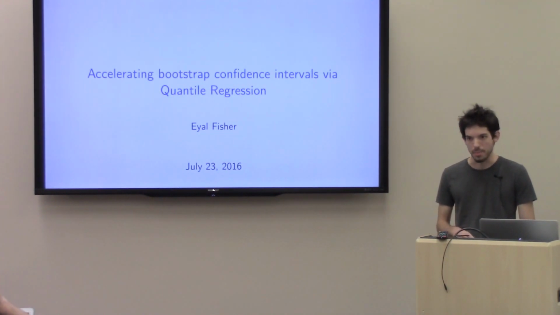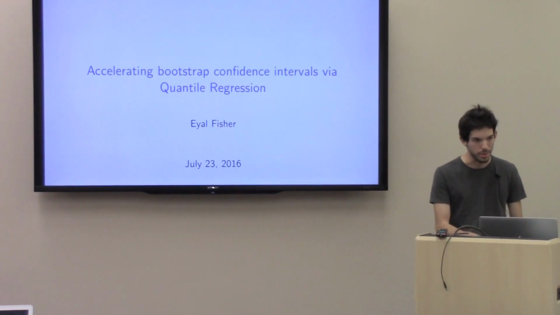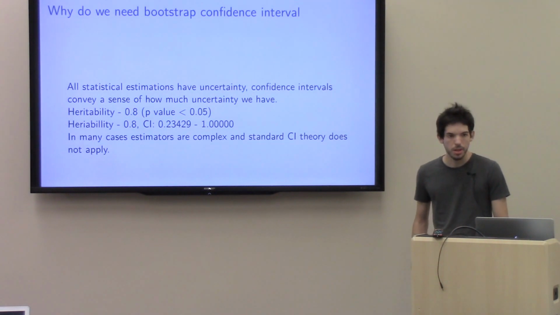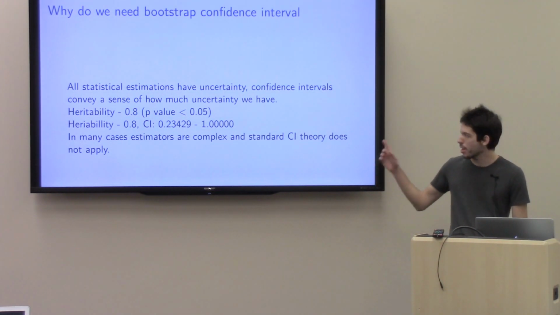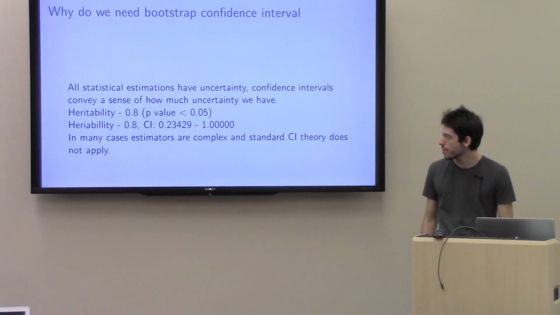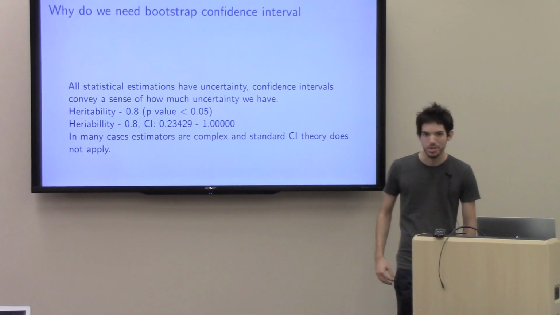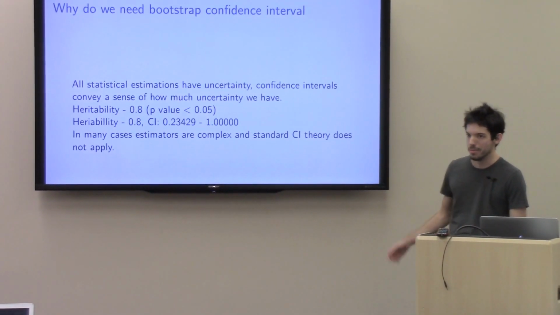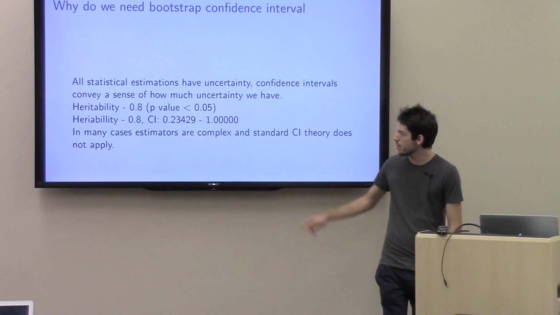So I'll start with a recap of what Regev did, because I'm sure you all forgot; 2 hours is a long time. We have an estimator for some quantity theta, for example heritability, and we say that the heritability is 0.8, which sounds like a lot, but if we build confidence intervals, they may come out like this, 0.23 to 1.